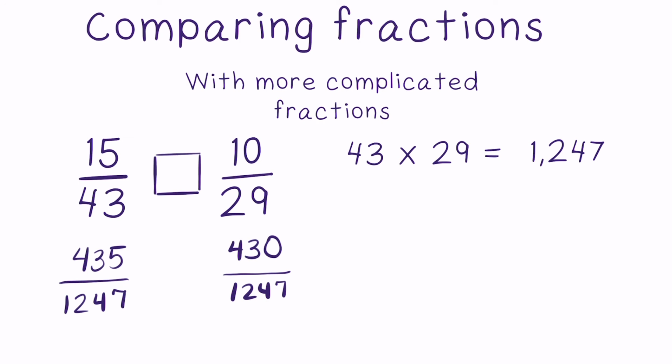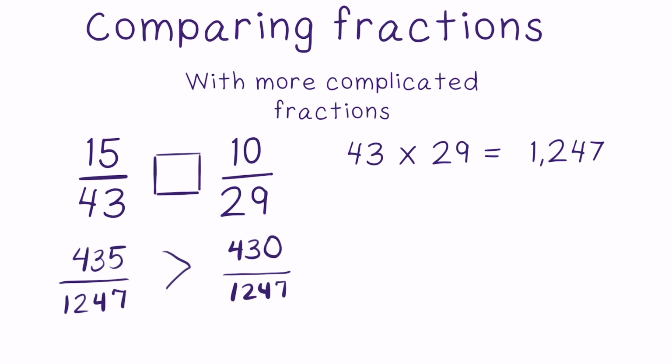Now that I have found the equivalent fractions with a common denominator for both of the fractions that were given to me, after identifying that the denominators in these equivalent fractions are the same, I can look to the numerator to determine which fraction is greater. And in looking at this, I can see that 435 1,247ths is greater than 430 1,247ths.